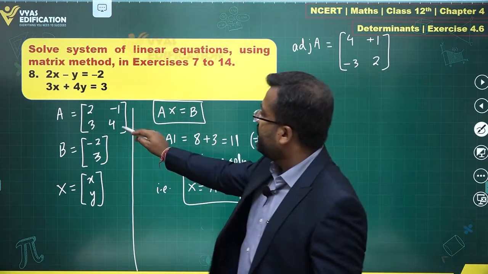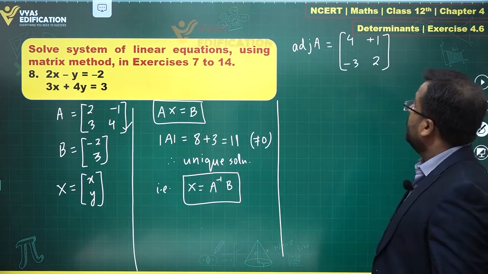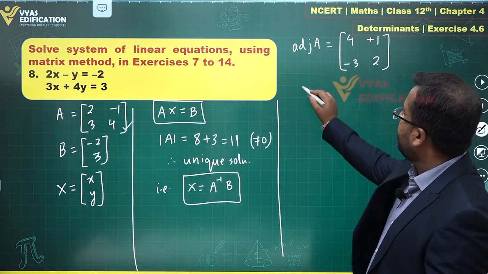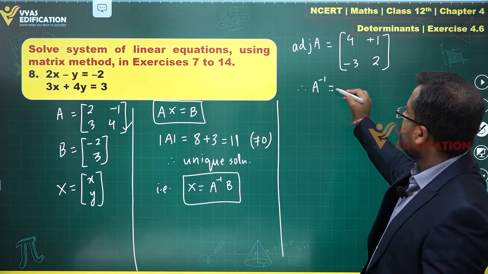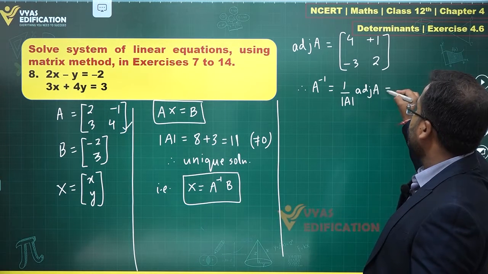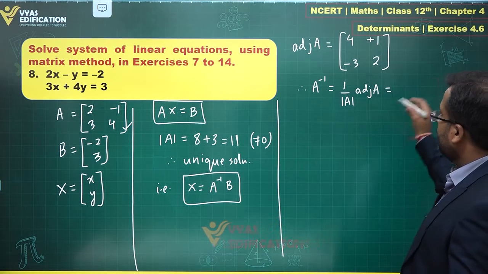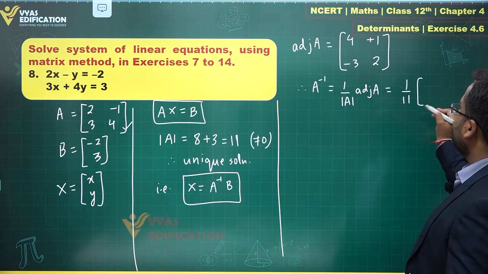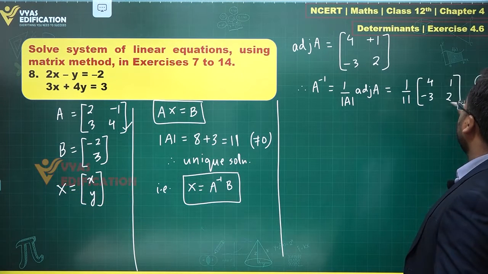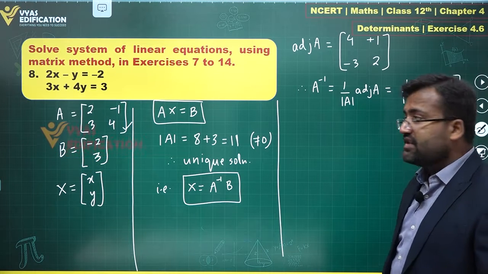Since the adjoint of A is this, therefore A inverse is 1 over determinant of A times adjoint of A. Determinant of A is 11, so 1 over 11 times 4, 1, minus 3, 2 is what I get. Okay, A inverse is found.